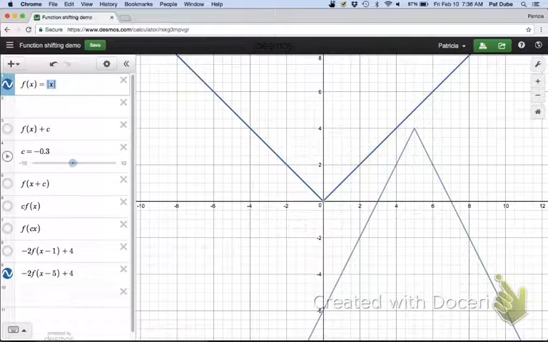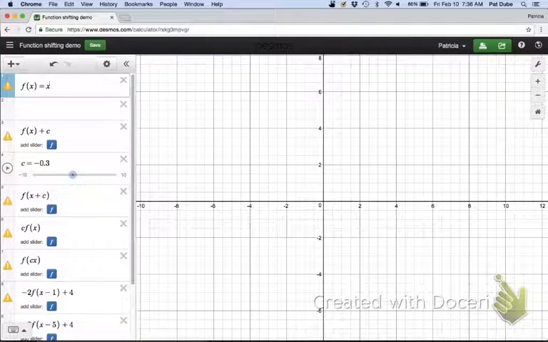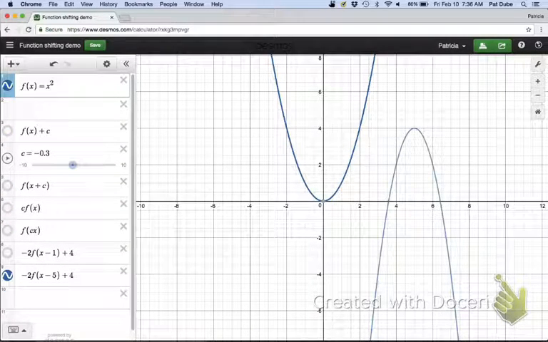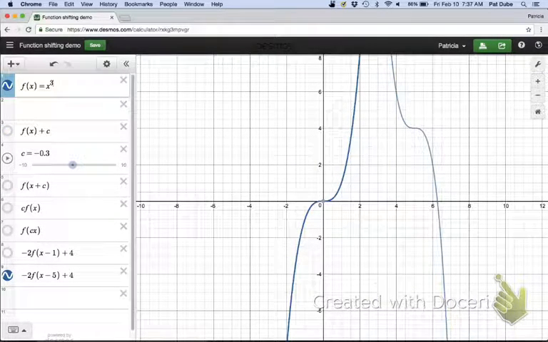What if I change this to be, we looked at x cubed, what if I change this to be x squared? There's a couple ways to get the x squared, but I use the caret above the 6. So if I change this to be x squared, the shifting is still the same, the shape just changes. If I change that to be x cubed, the shifting is still the same, but the shape changes.